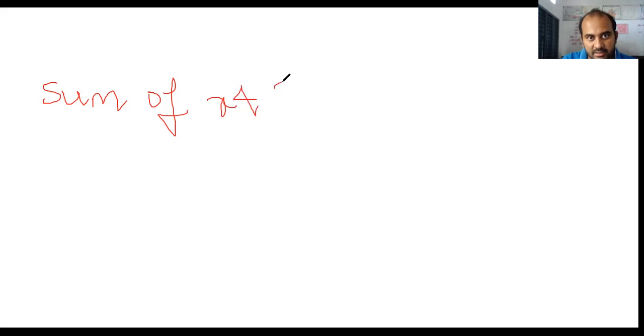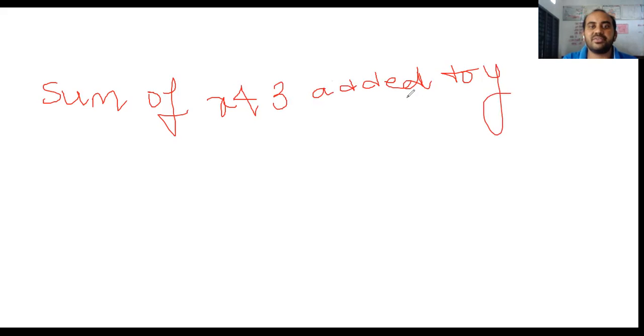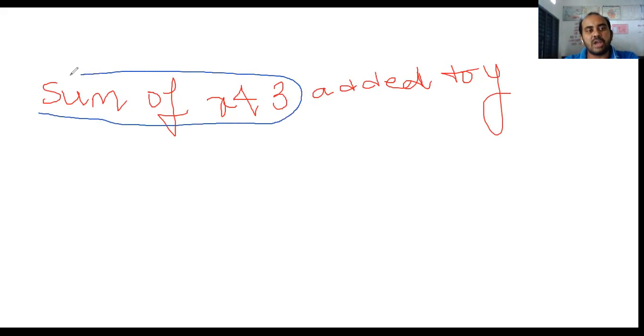Next statement, see that: the sum of x and 3 added to y. Now see, this is somewhat different. Not different, if you understood the concept of how to do addition, then it is very good and easiest. First, the sum of x and 3 means you have to add these, so x plus 3.